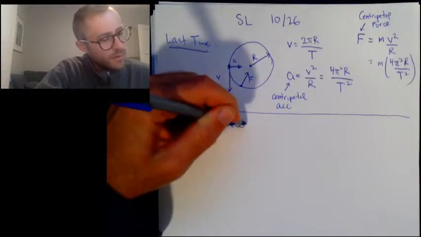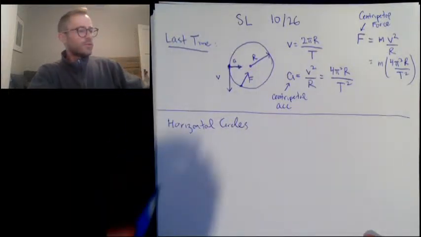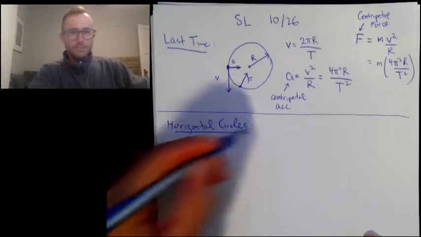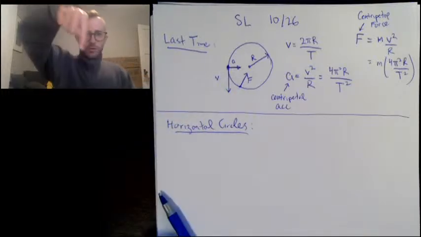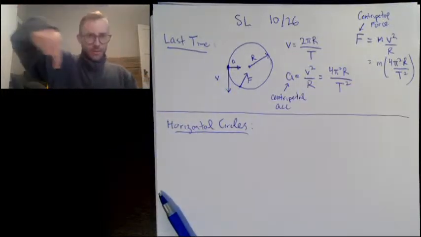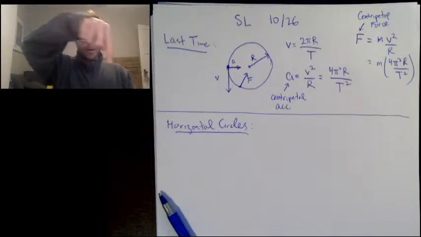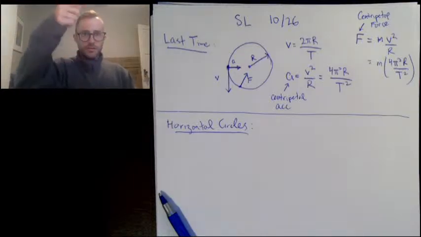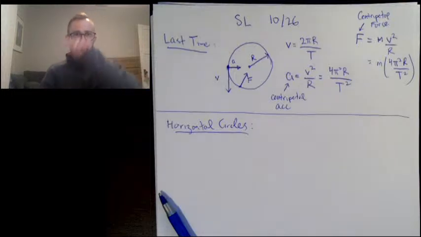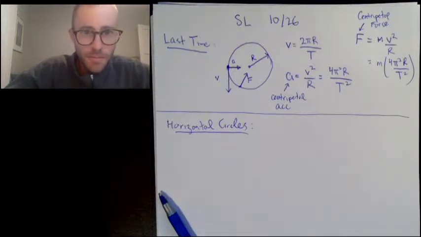Horizontal circles are circles that are going around like this. The next thing we're going to talk about after I'm done with this part is vertical circles, where the circle is like a Ferris wheel. And these are two kind of different animals.